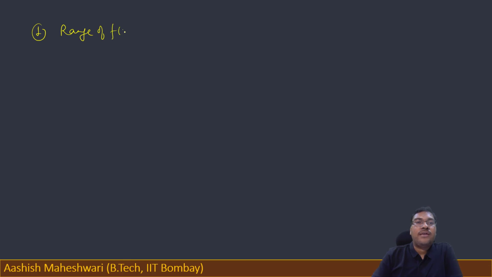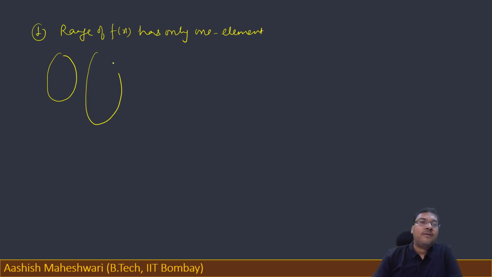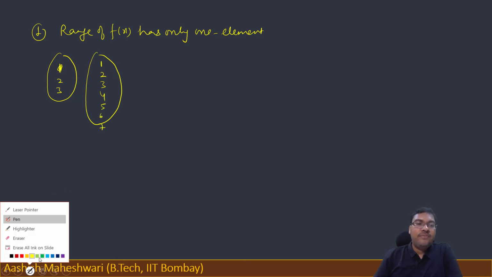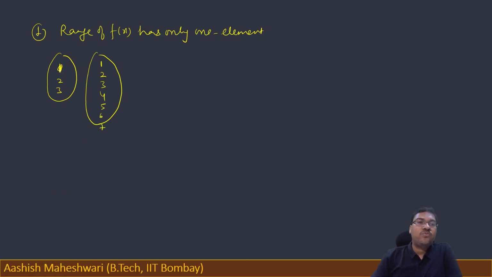The range of f has only one element. What is the meaning of this? Let's say this is 1, 2, 3, and here we have 1, 2, 3, 4, 5, 6, 7. If the range has only one element, all these values 1, 2, 3 will be mapped to only one element.